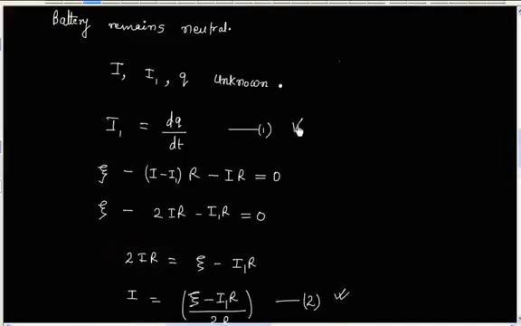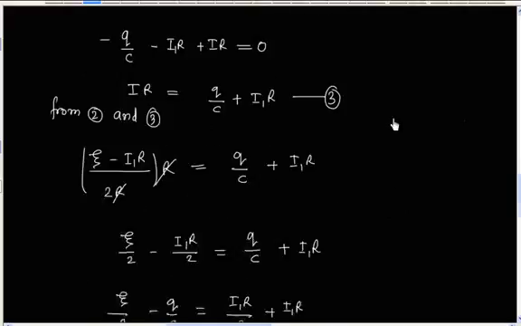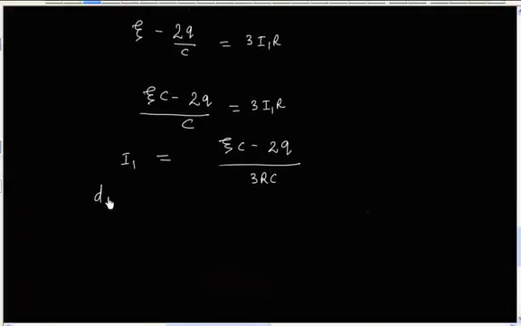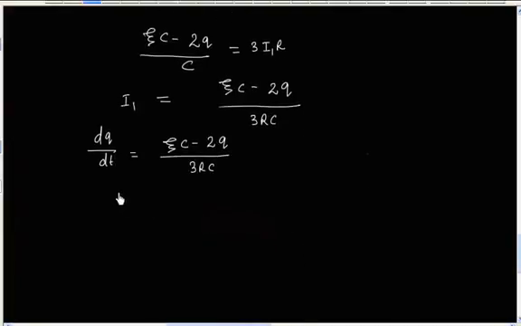If I use equation 1, that is I1 is equal to dq by dt, so we can write here dq by dt is equal to Xi C minus 2Q divided by 3RC. So let us separate the variables. So we will have dq by Xi C minus 2Q, and this side we will have dt by 3RC. Now we can integrate both sides.